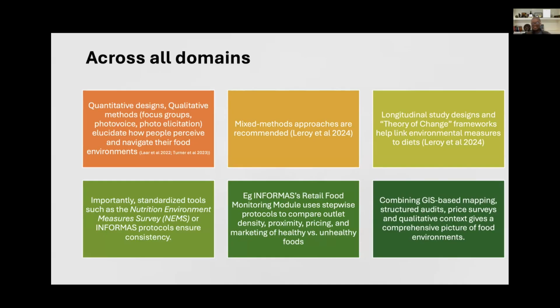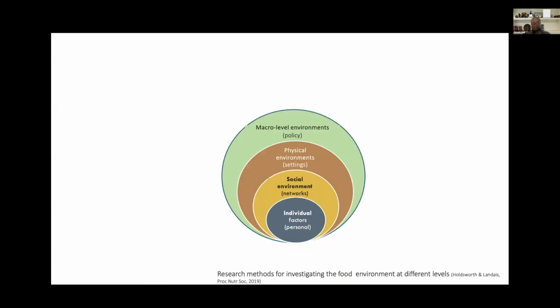And so it's recommended that we do a combination of the multiple approaches in a given setting. We don't do only GIS and then say that is done. A combination of GIS based mapping with the structured audit I talked about, pricing information, qualitative engagement would yield the most appropriate and comprehensive data.